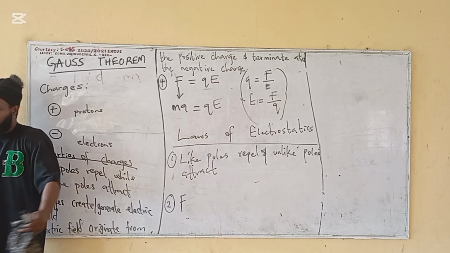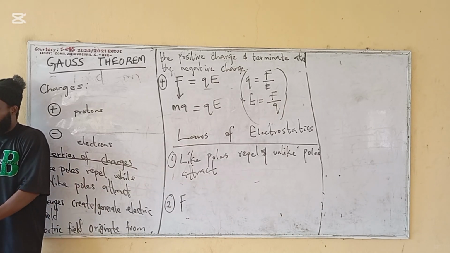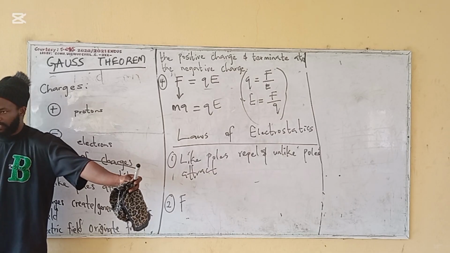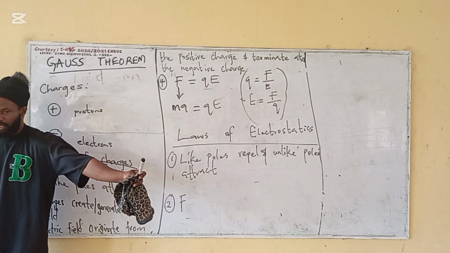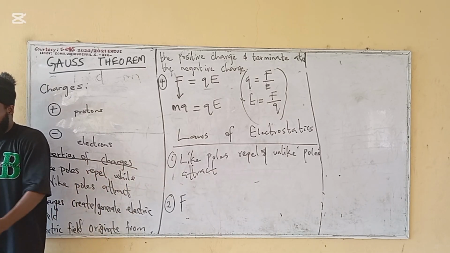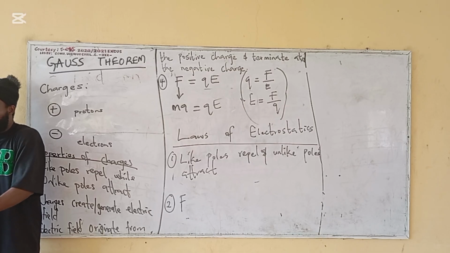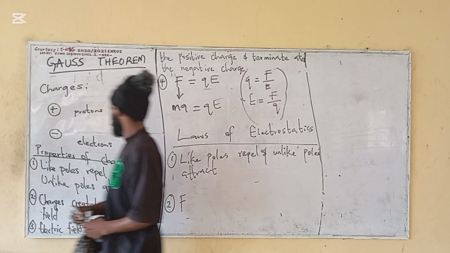If you bring distance close, force will increase. So increase in distance, less force. Decrease in distance, more force. By the time you decrease the distance by bringing this thing close, the distance is small. That means that the force of attraction will be too high. So that is just the principle.